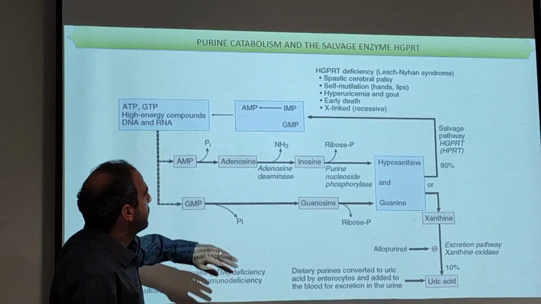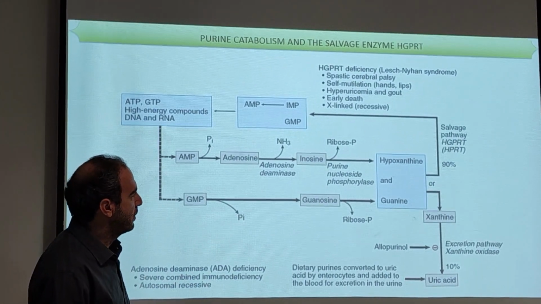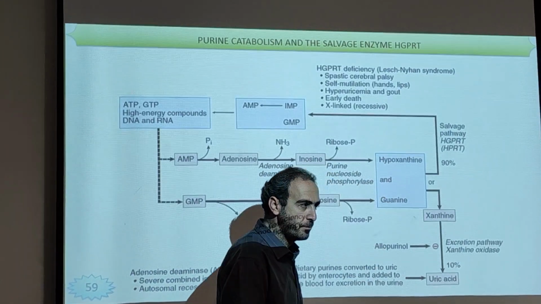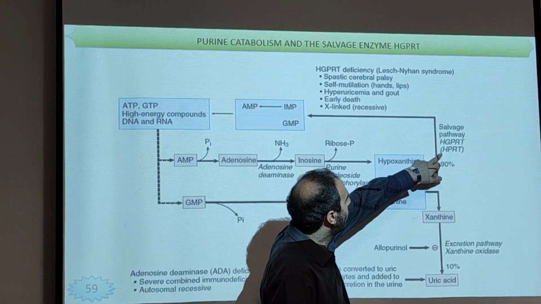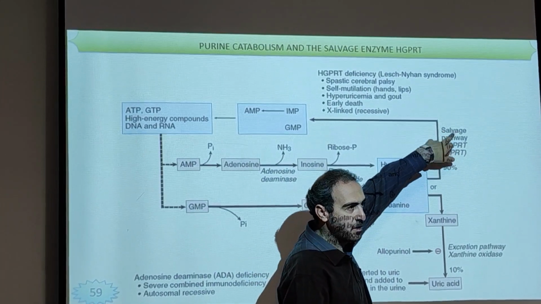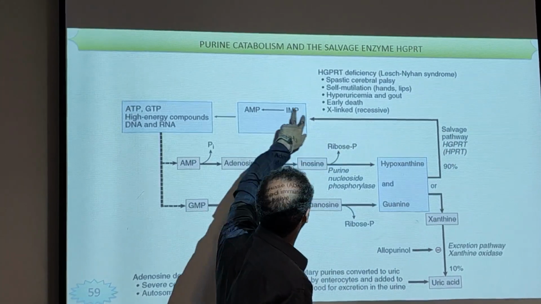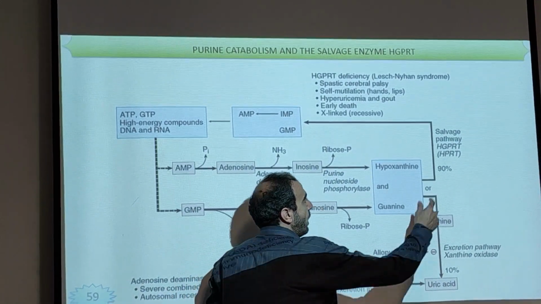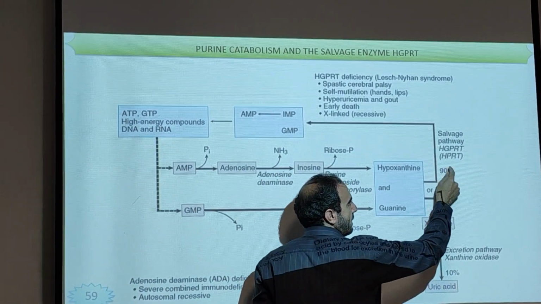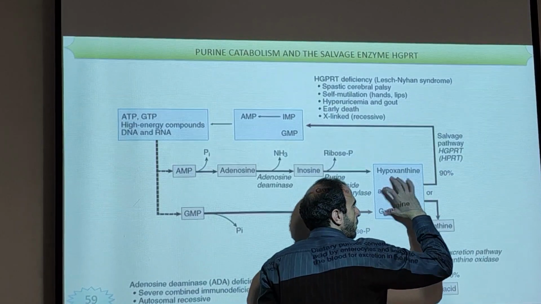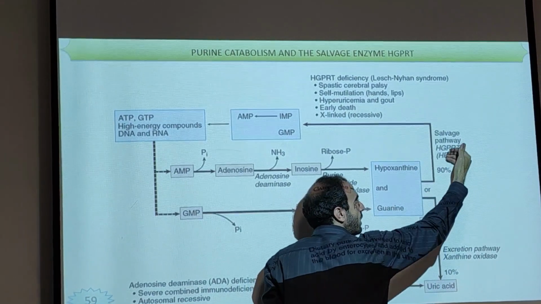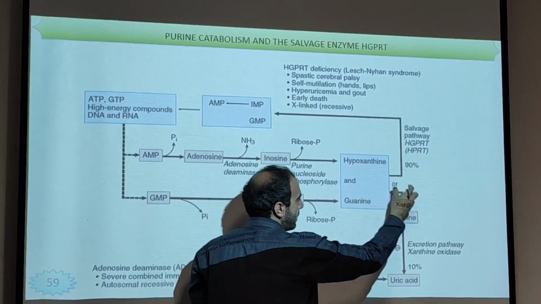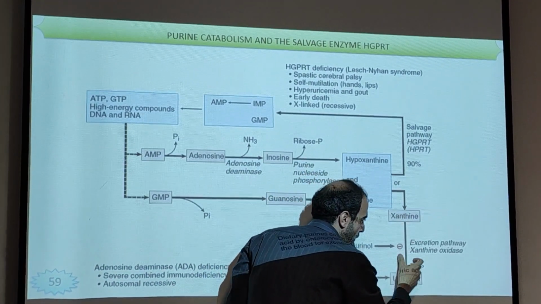And related to HGPRT function, as you can see here, hypoxanthine and guanine can be recycled by HGPRT and used for production of nucleotides. If you look at this, 90% of them are recycled by HGPRT, and 10% just produce uric acid.